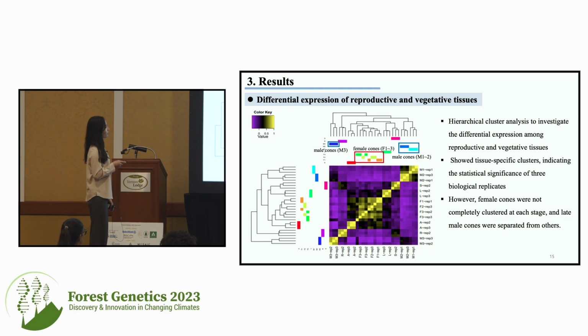However, female cones were not completely clustered at each stage of development, and this is probably because the growing rate of female cones differed among the biological replicates. In addition, late cones were separated from other stages of male cones, and this is because the last sample was collected in a state where all the pollen was blown.